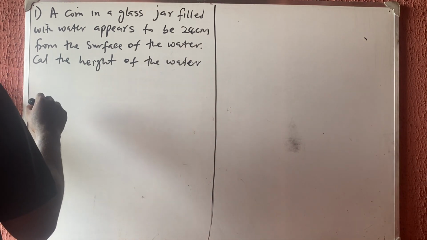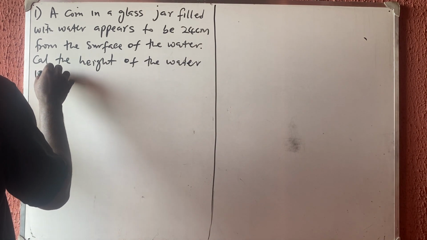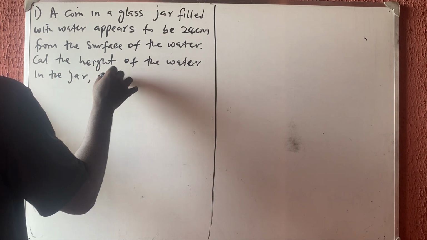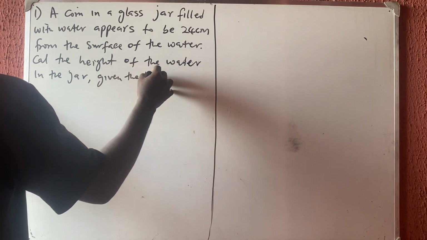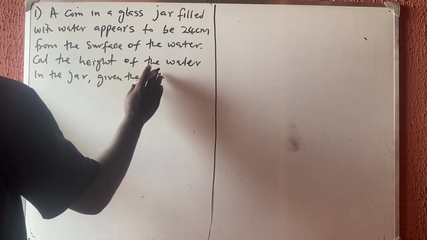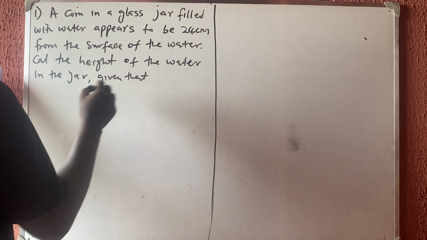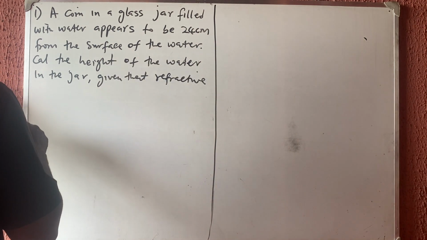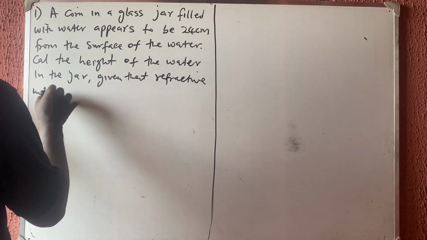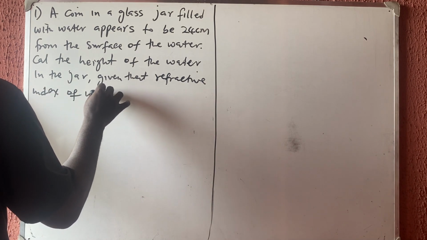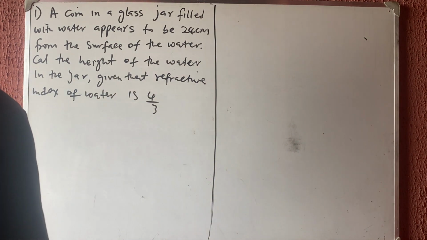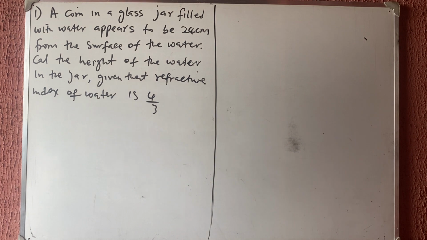The height of the water in the jar, given that the refractive index of water is 4/3. Okay.